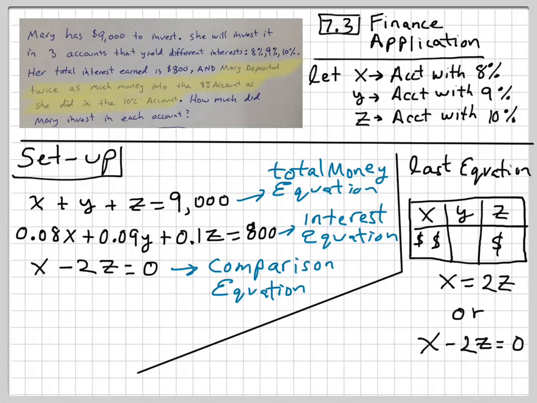So I'm going to simply subtract the 2Z from both sides and get X minus 2Z is equal to 0, which will be my last equation. And that is the setup.